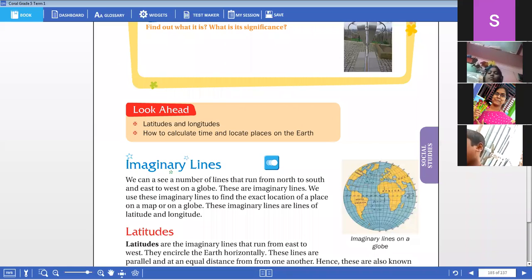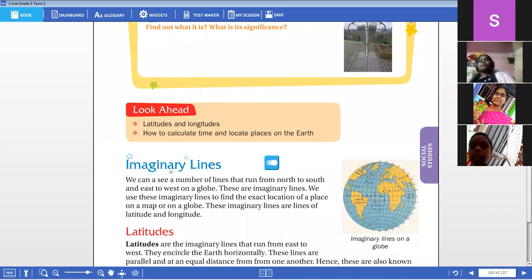These are all imaginary lines, children. They are not actually present. Yes or no?